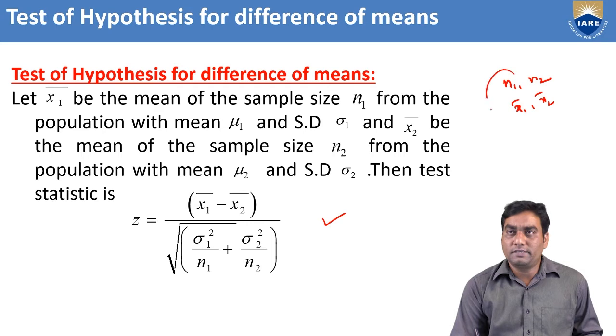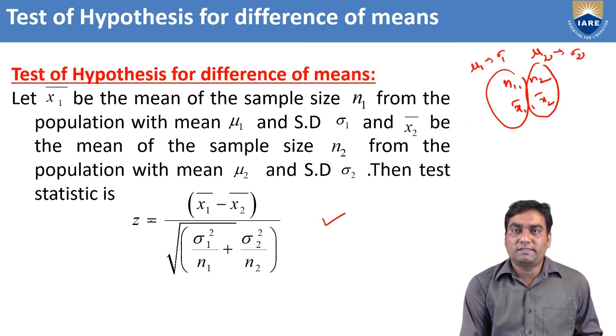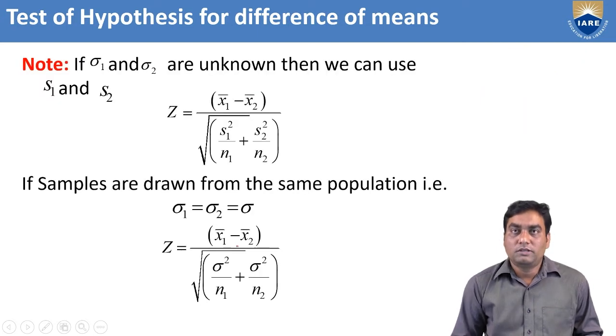This sample is taken from the first population and this sample is taken from the second population. Its standard deviation is sigma 1 and this one standard deviation is sigma 2. Then the test statistic formula is Z equal to x1 bar minus x2 bar by under root of sigma 1 square by n1 plus sigma 2 square by n2.